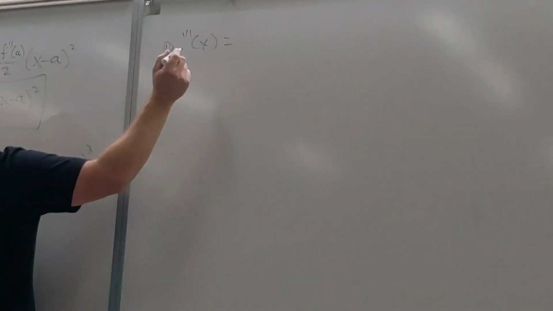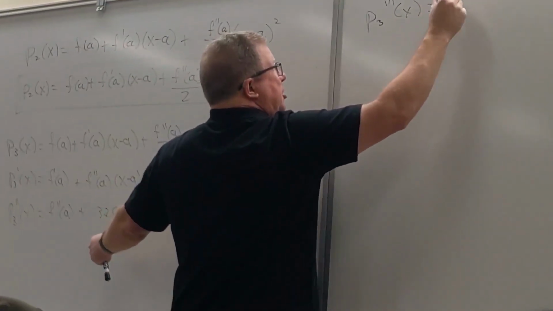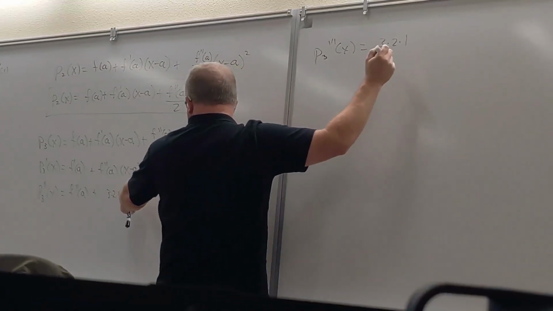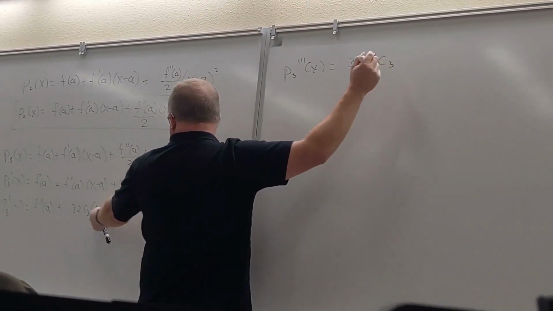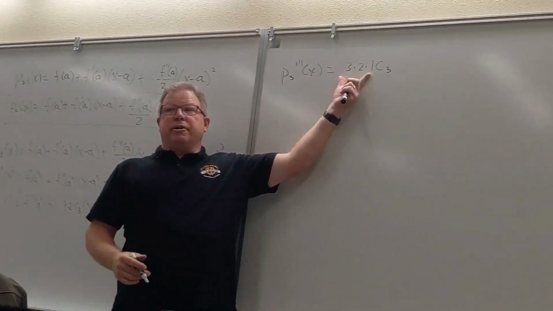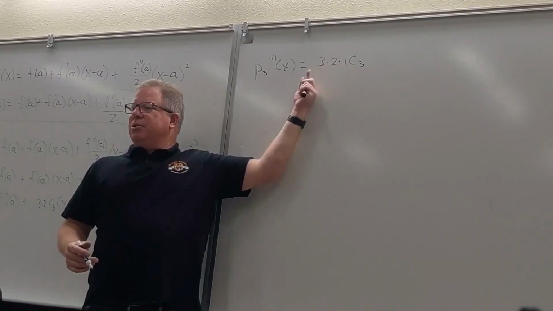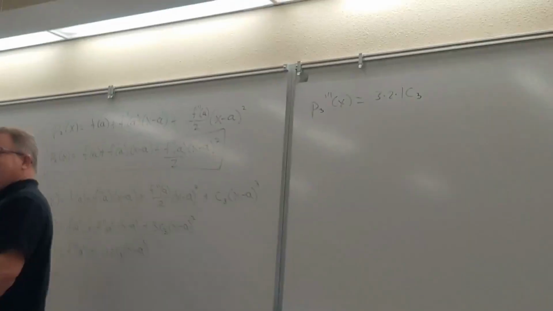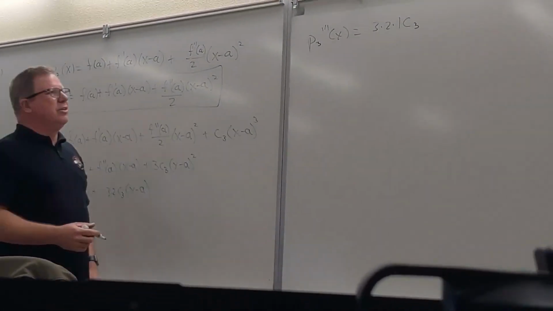Now let's find our third derivative. The derivative of that is 0. Now we're bringing down a 1. So we have 3 times 2 times 1, C3 of x minus a to the 0, which is just that. What's going on here? 3 times 2 times 1. Factorial. 3 factorial. Yes. 3 factorial is what's going on there.